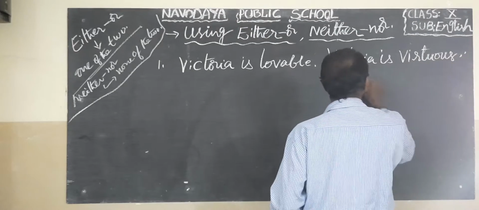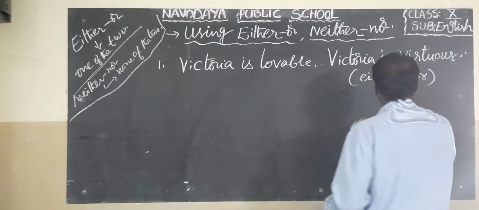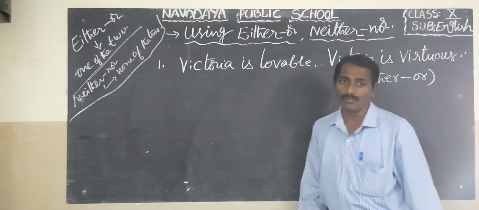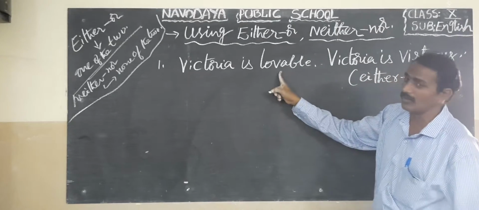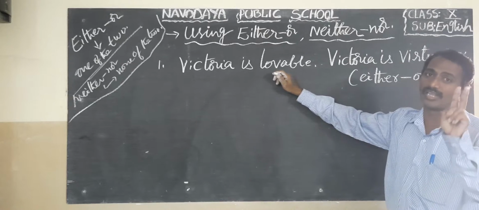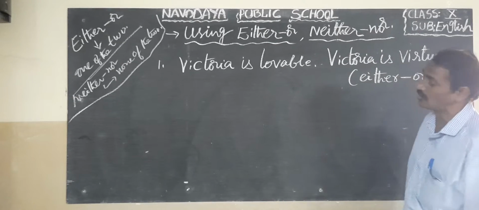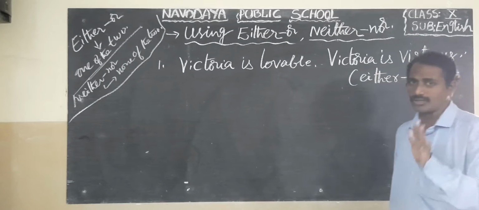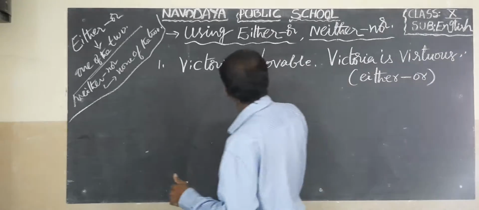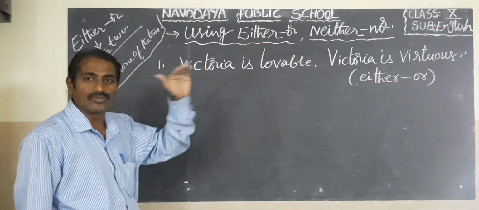So here we use either or. Victoria has two qualities. What are they? One is lovable, the second one is virtuous.